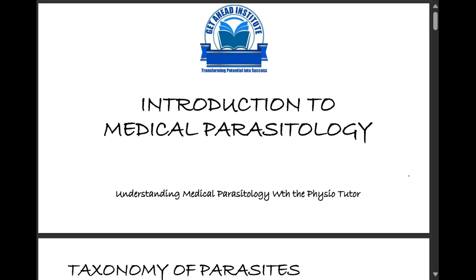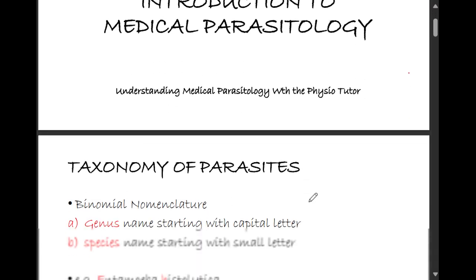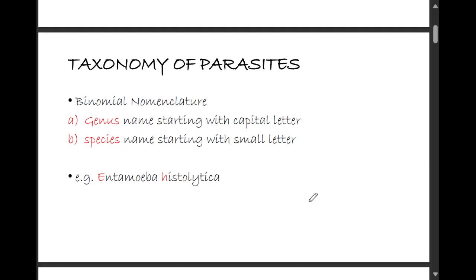These animal parasites actually infect and produce diseases in human beings. That is what medical parasitology is all about. But you cannot be asked to define what medical parasitology is all about. So we move straight into taxonomy of parasites.